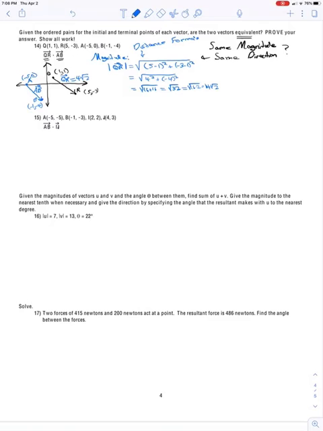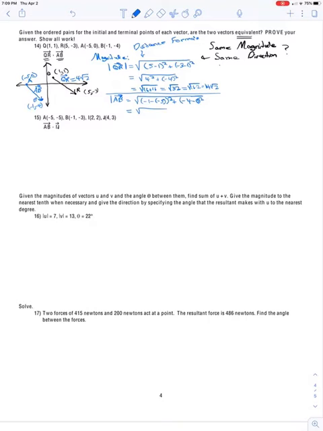All right, now let's do the same thing with vector AB. The magnitude of vector AB is equal to the square root of the change in the x coordinates, negative 1 and negative 5, squared, plus the change in the y coordinates, negative 4 minus 0, squared.